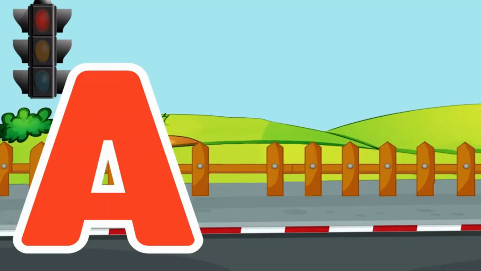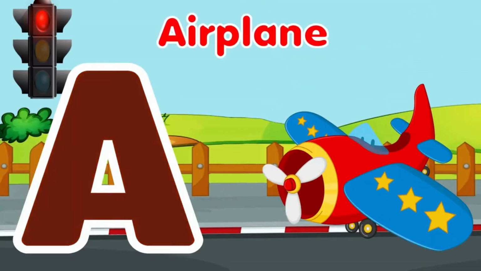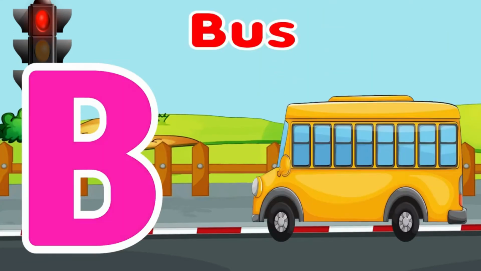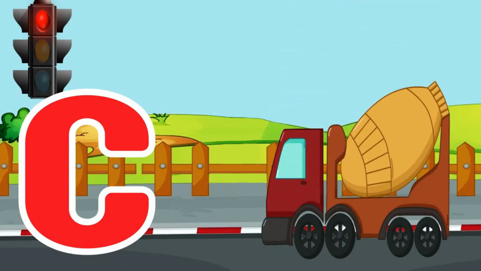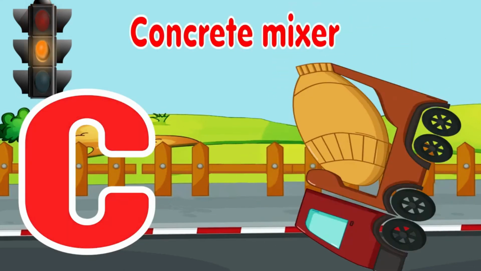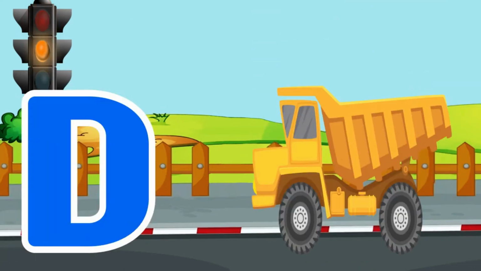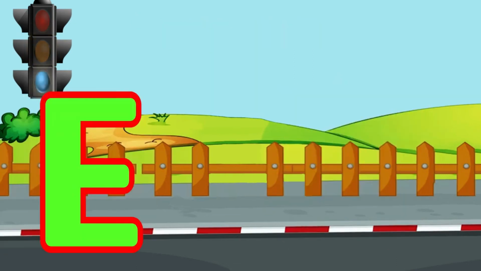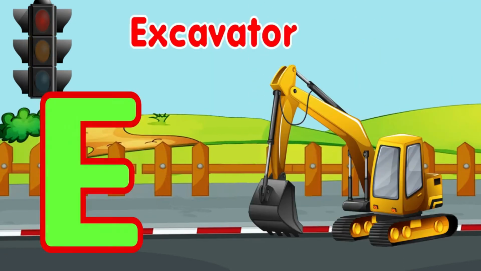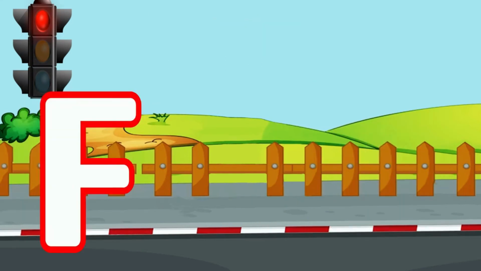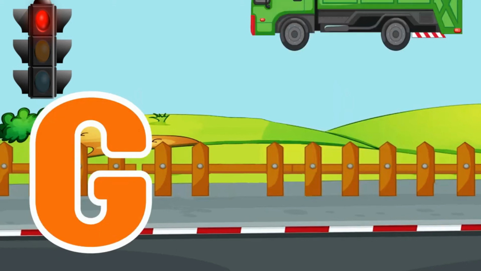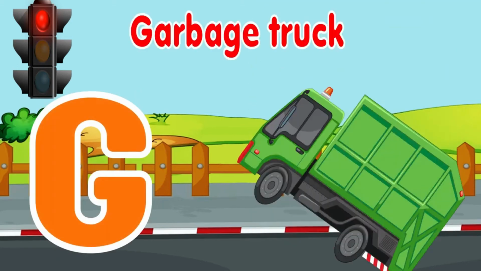A is for airplane, airplane. B is for bus, bus. C is for concrete mixer, concrete mixer. D is for dump truck, dump truck. E is for excavator, excavator. F is for fire truck, fire truck. G is for garbage truck, garbage truck.